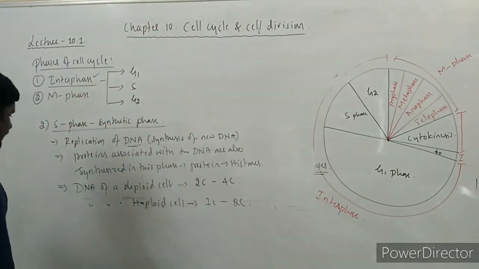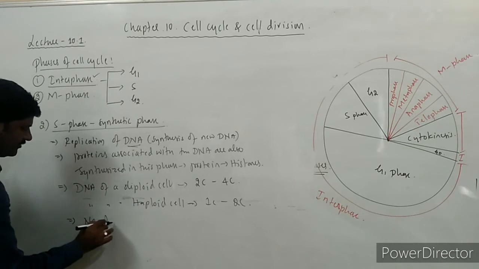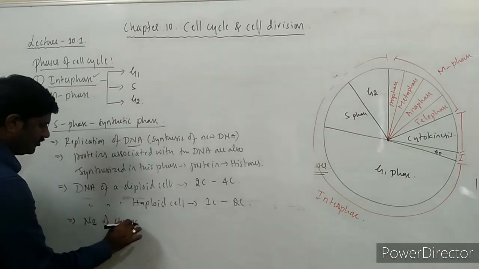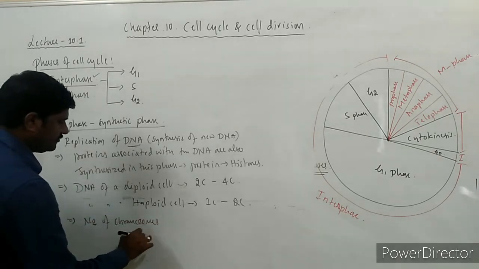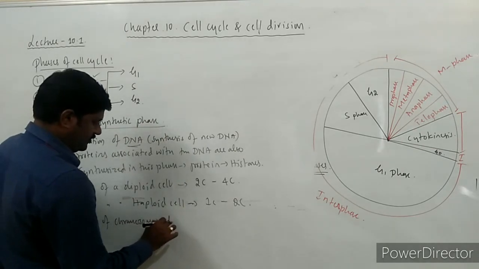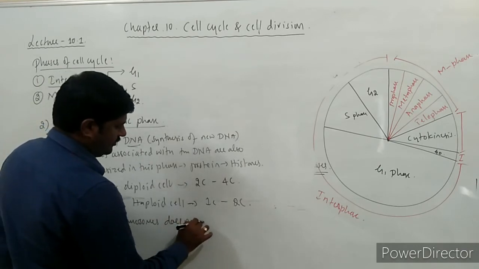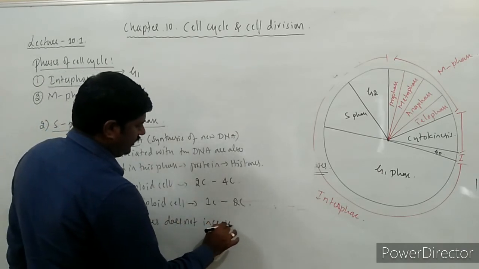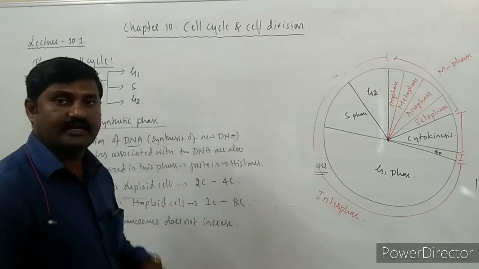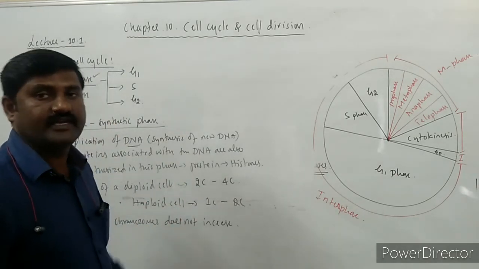And the chromosomes also duplicate longitudinally. Say for example, see here, the number of chromosomes does not increase here as a result of duplication of this DNA material.